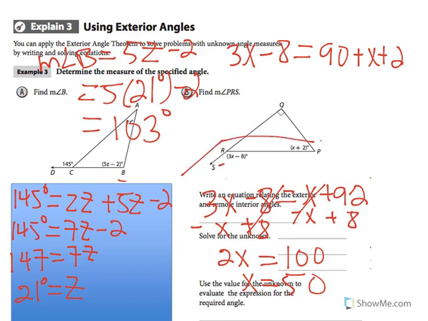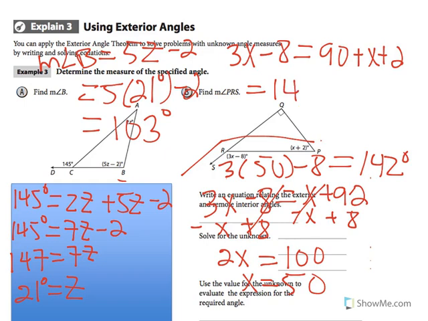So we say 3 times 50 minus 8, which is 142 degrees. So PRS equals 142 degrees.